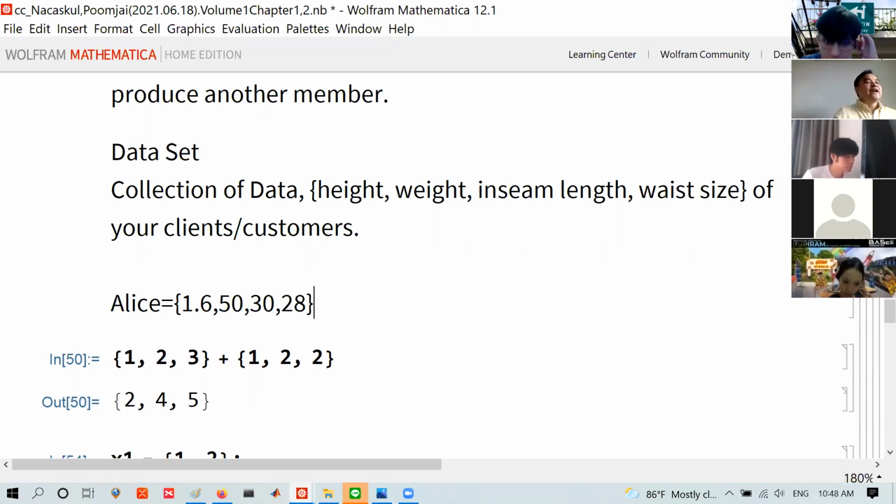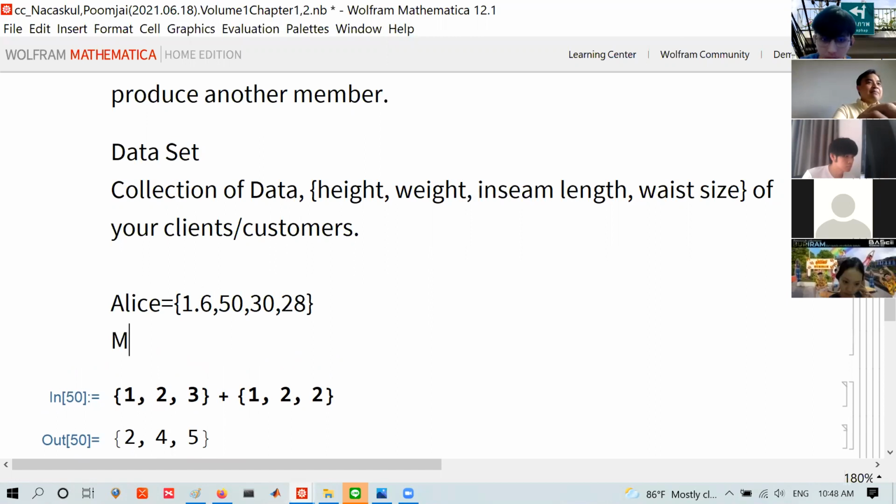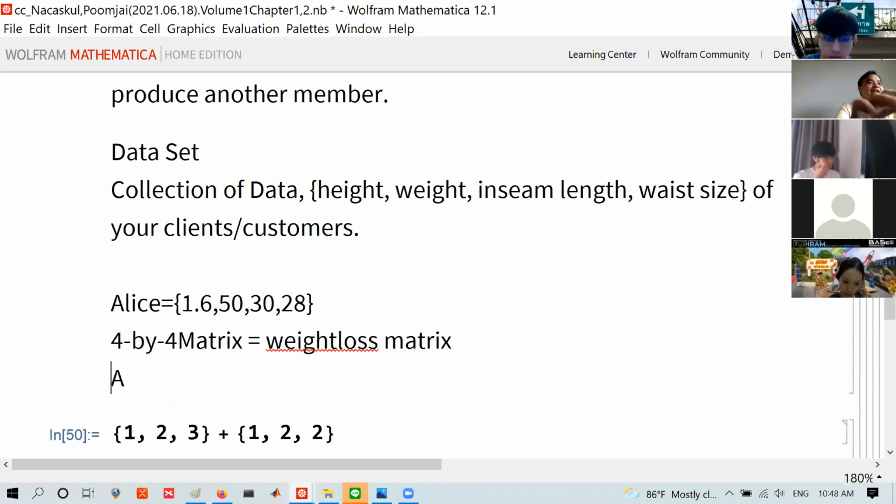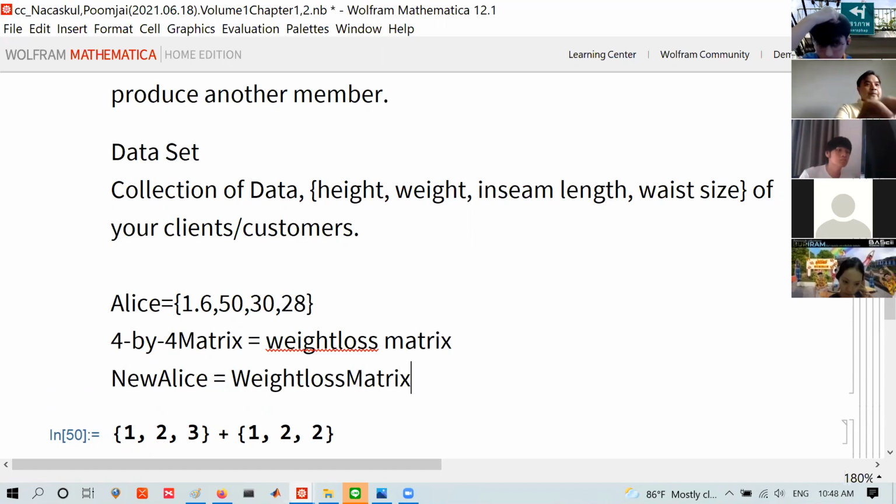Yeah. And you can multiply this by a matrix that represents weight loss. Then you can say new Alice is equal to the weight loss matrix times old Alice.